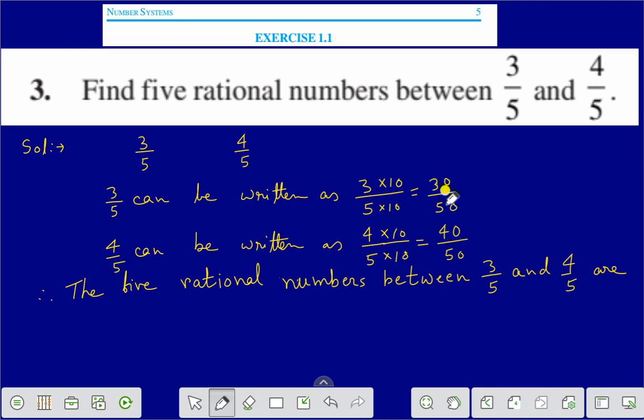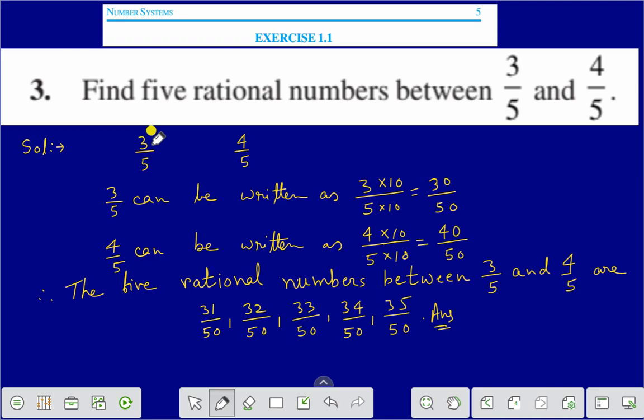Therefore, the rational numbers between 30 by 50 and 40 by 50 are 31 by 50, 32 by 50, 33 by 50, 34 by 50, 35 by 50. This is the answer. You have to find only 5 rational numbers, right?